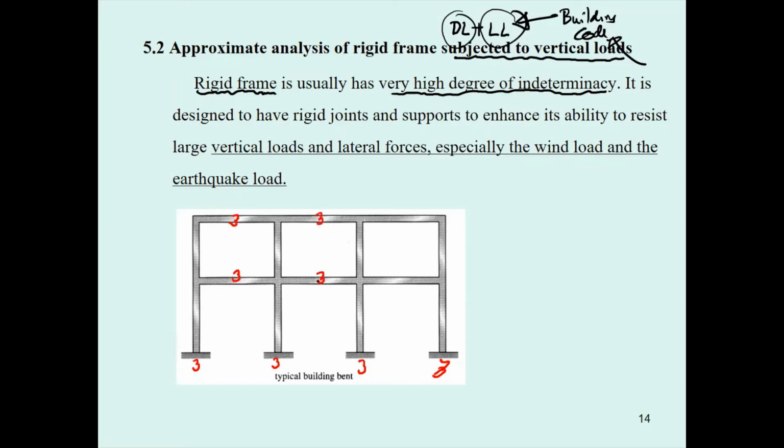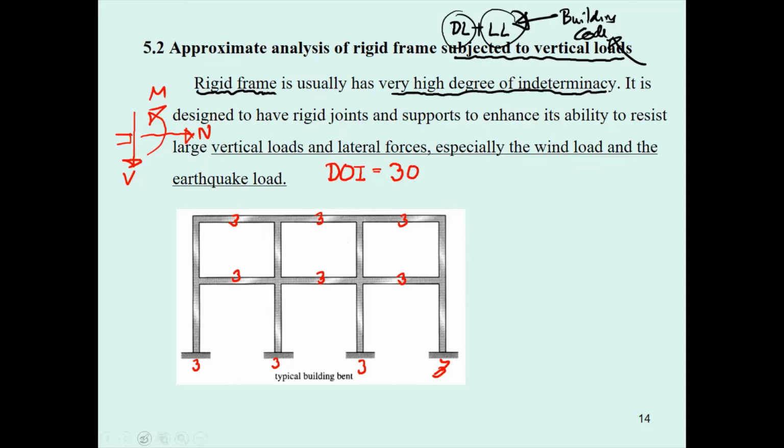And at each cut of the internal member, you're going to get the moment, the shear, and the normal force. There are 3 of them to be unknown. So if you follow this, your count will be 1, 2, 3, 4, 5, 6, 7, 8, 9, 10. It's going to be 30 unknowns.